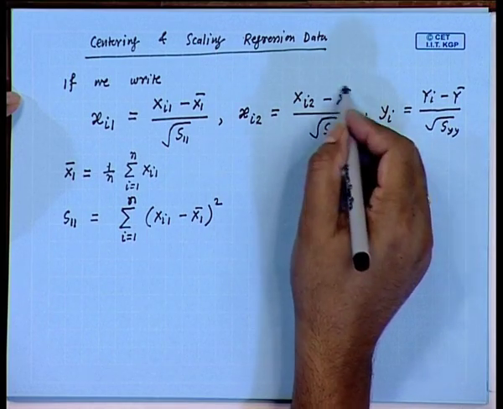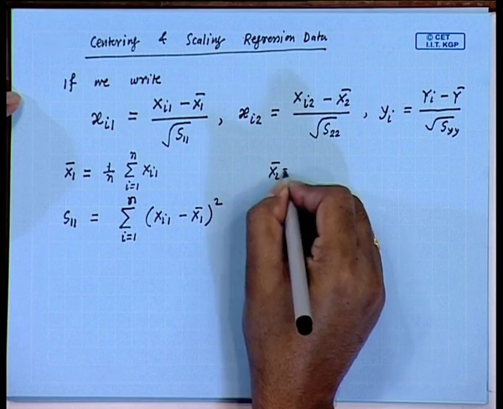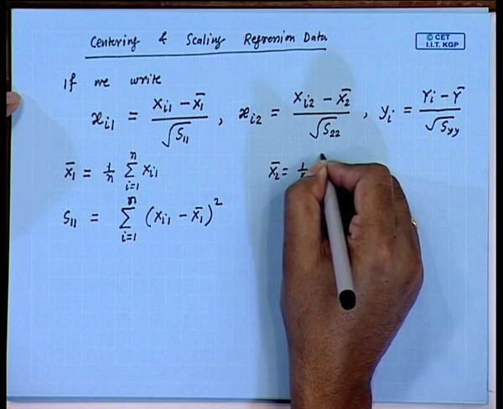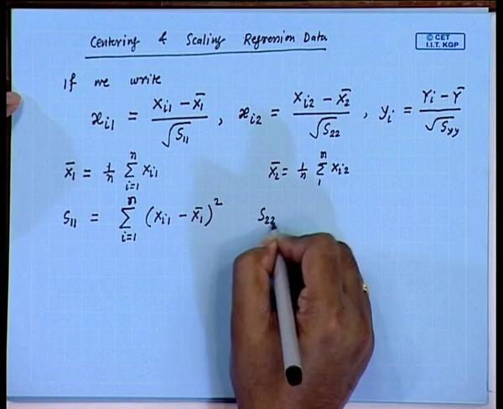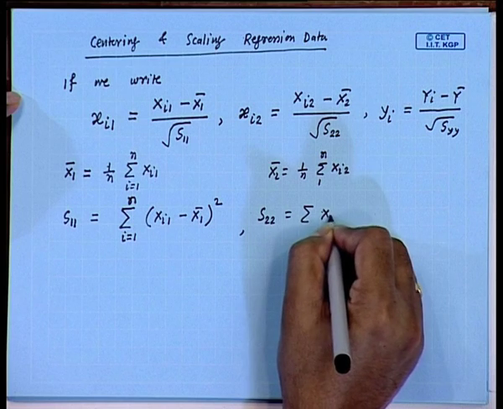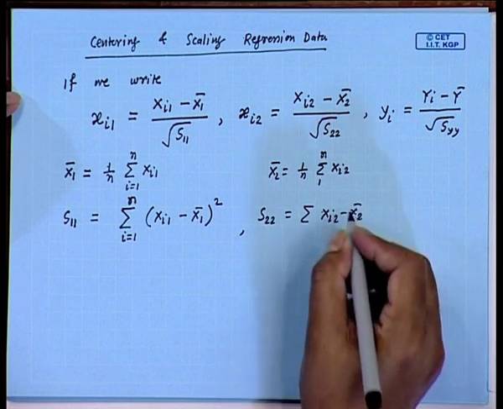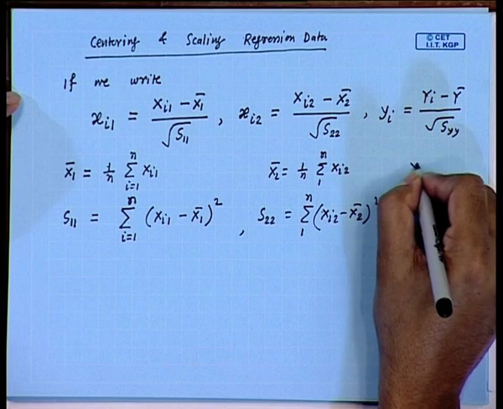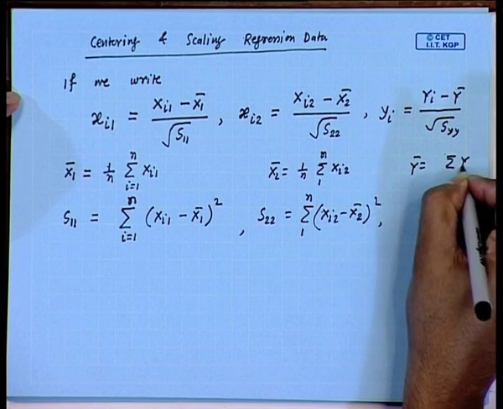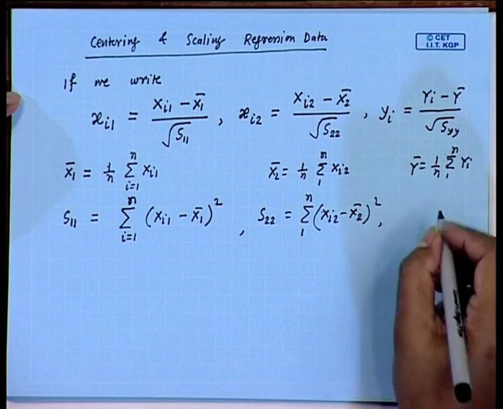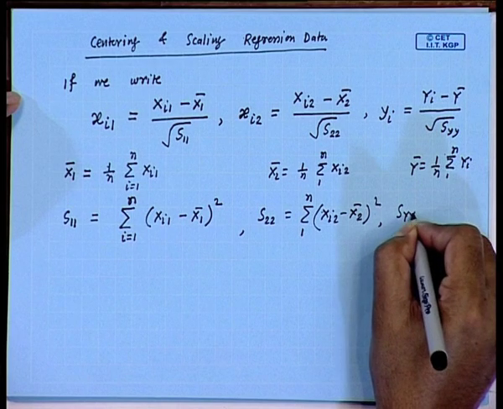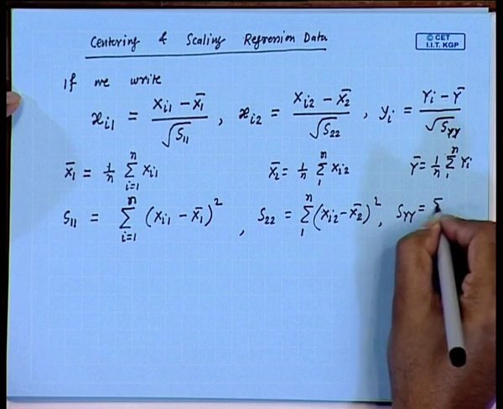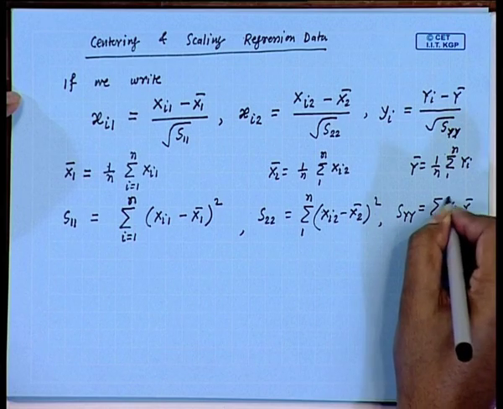So, x2 bar is the mean associated with the second regressor, equal to 1 by n summation x_i2, i from 1 to n, and S22 is the summation of (x_i2 minus x2 bar) whole square, 1 to n, and here also y bar is equal to 1 by n summation y_i, 1 to n, and Syy is equal to the summation of (y_i minus y bar) whole square.